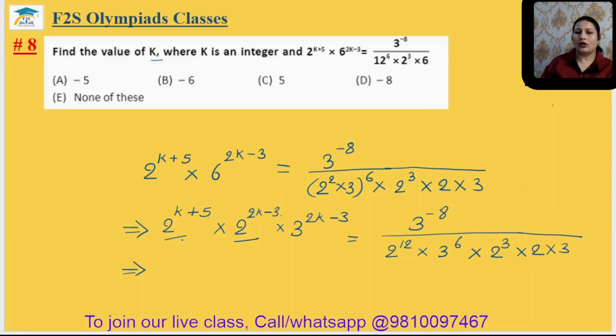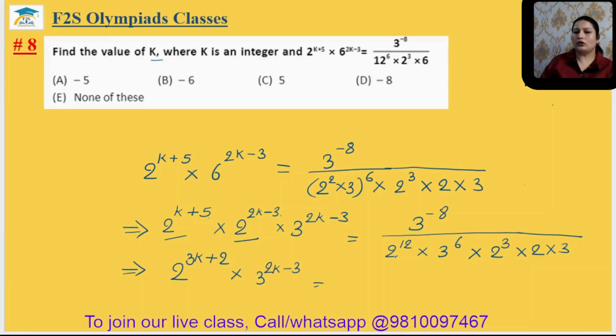Okay. Now powers of the same base will be added, or subtracted. So 2k plus 5 and 2k minus 3. So 2k plus k, 3k. It will be here 3k plus 2, multiplied by 3 to the power 2k minus 3. Okay.